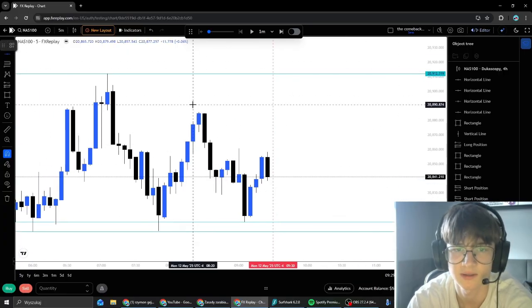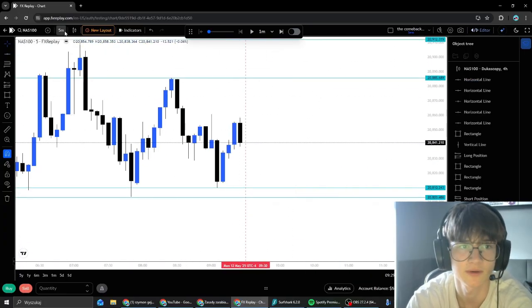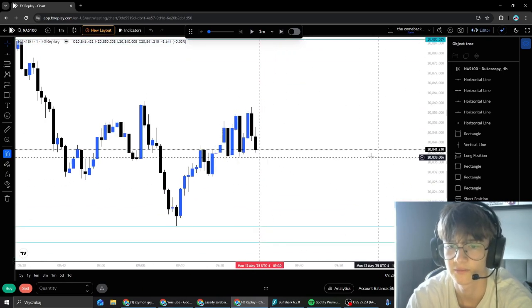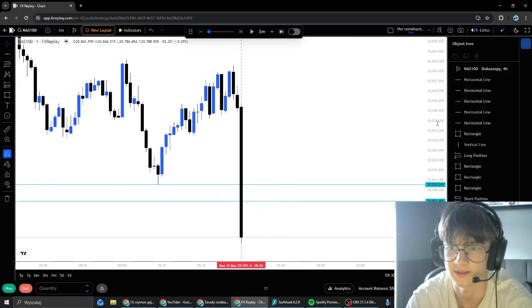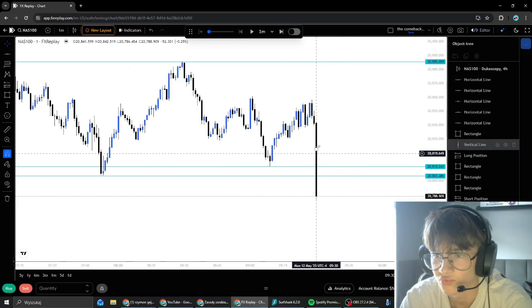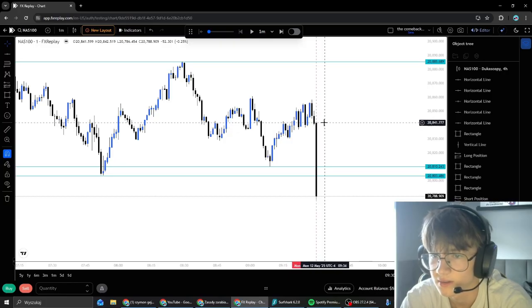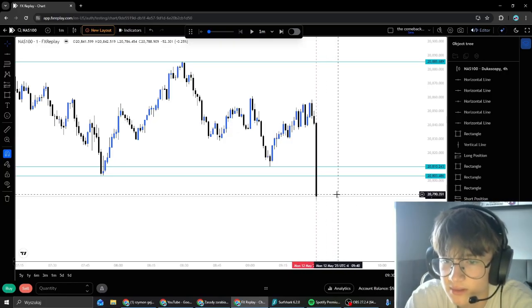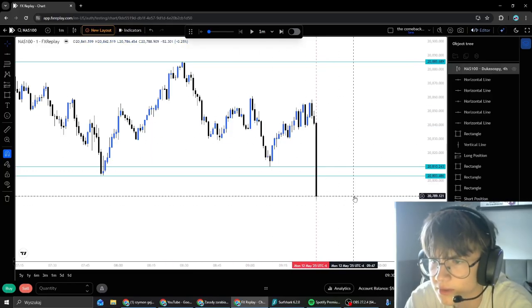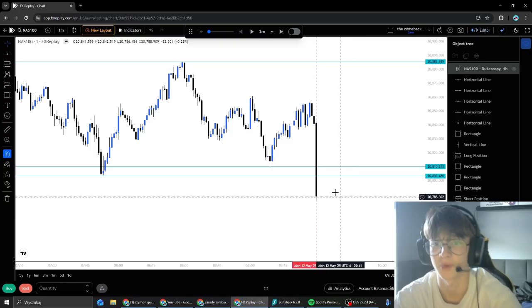Maybe this high, probably gonna get swept in the first minute. So let's see. First candle's always really big compared to the other ones. It's like 50 points in one candle.